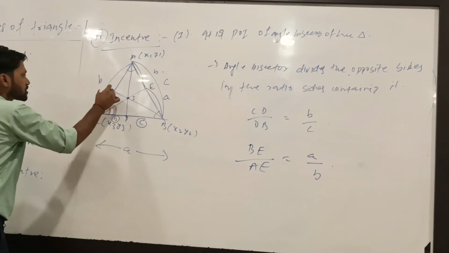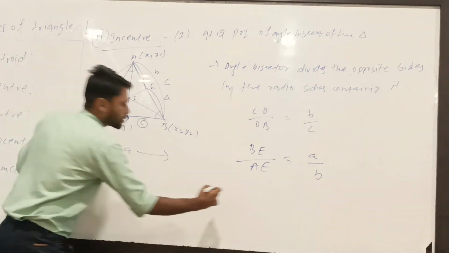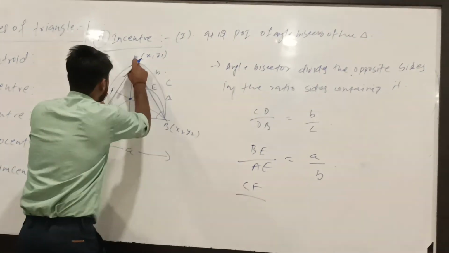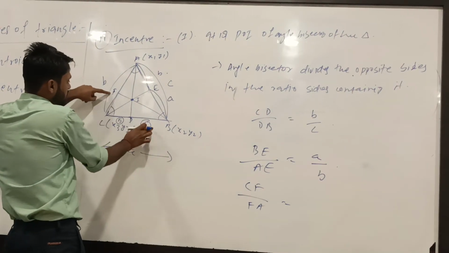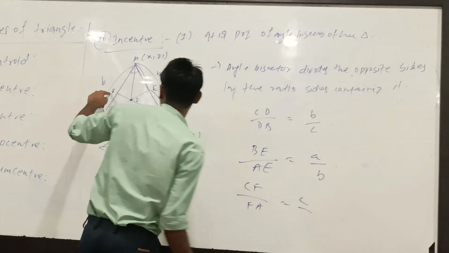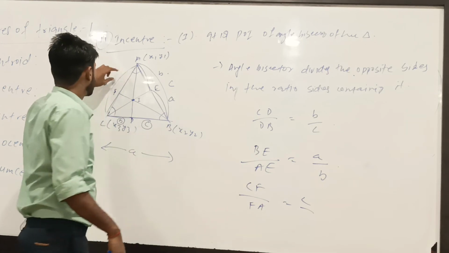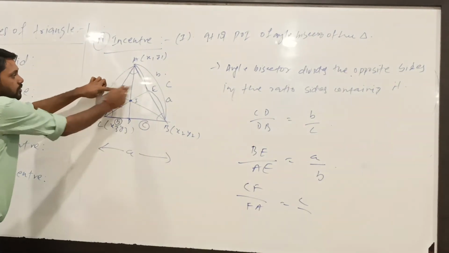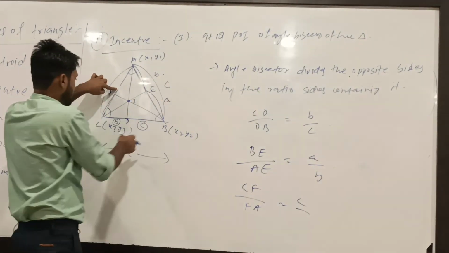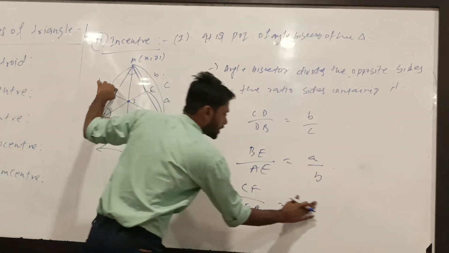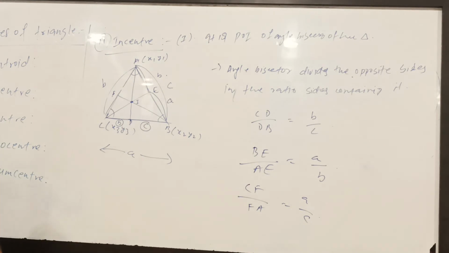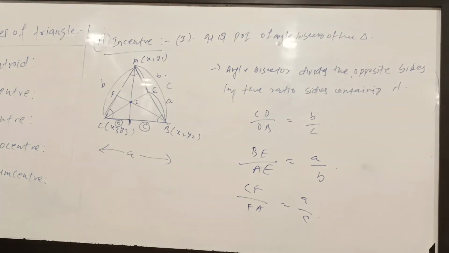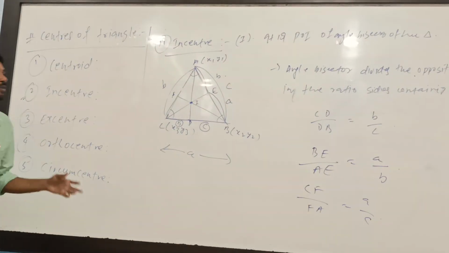Similarly for this one, suppose this is F, so CF upon FA is going to be c upon a. This one is c, and this one is a, so a upon c. Okay, understood? So this was the basic property of the angle bisector.